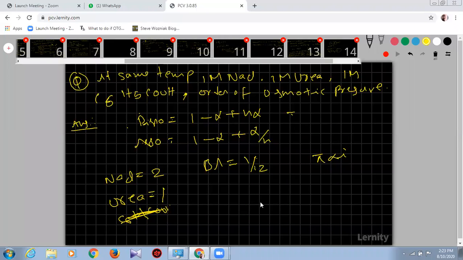That's why it has more osmotic pressure: sodium chloride, then urea, and then benzoic acid. Sorry, not 1 by 12, sir. This is 1 by 2 only.